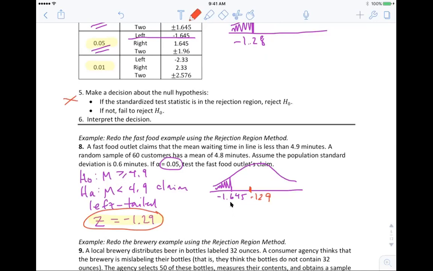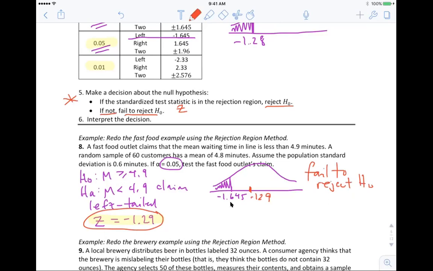This here says if the standardized test statistic, that's z, is in the rejection region, reject H sub 0. If it's not, fail to reject H sub 0. So this one's not in the rejection region. So this one is a fail to reject H sub 0.